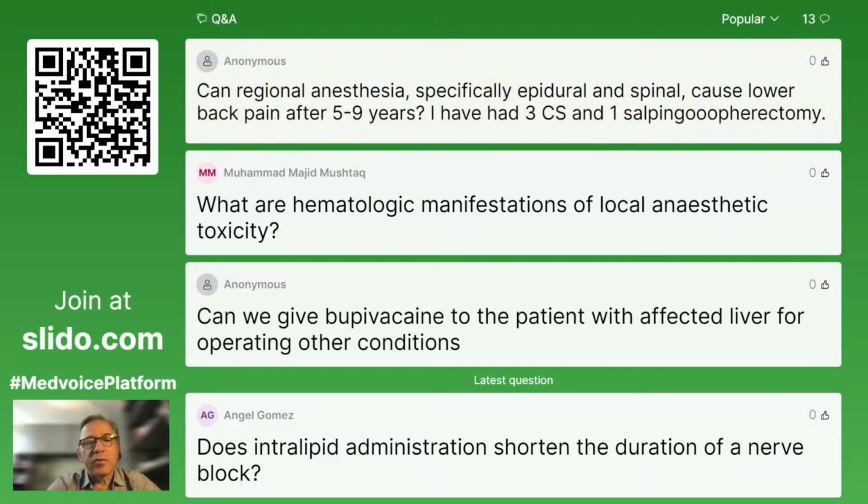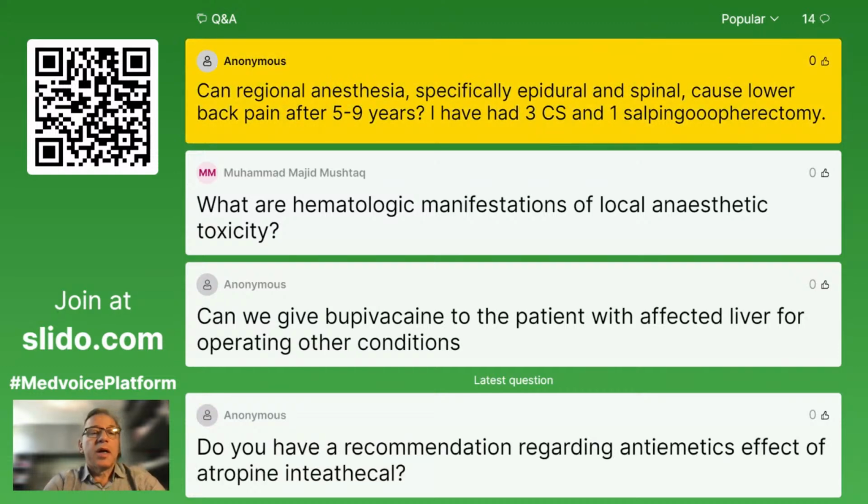Can regional anesthesia, specifically epidural and spinal, cause lower back pain after 5 to 9 years? Usually it doesn't, unless there was damage to the nerves, to the spinal. It can cause cauda equina syndrome, usually by toxic damage.